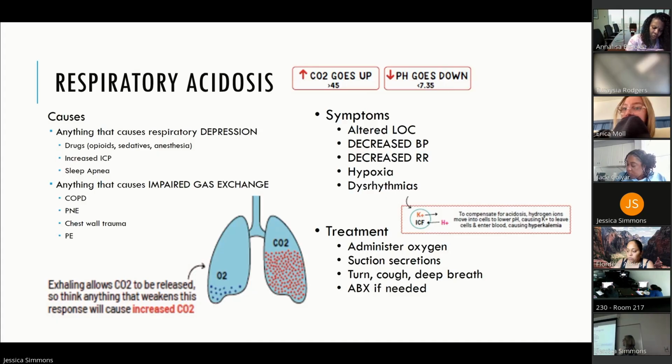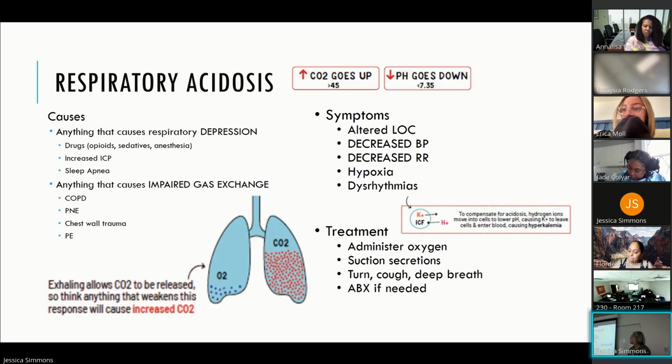So your symptoms when you become more acidotic, or these symptoms can actually cause you to go further into respiratory acidosis: altered consciousness, decreased blood pressure, decreased respiratory rate, hypoxia, and respiratory acidosis can cause dysrhythmias.